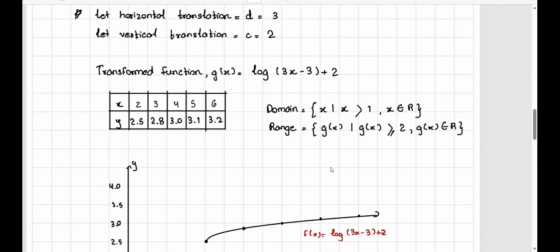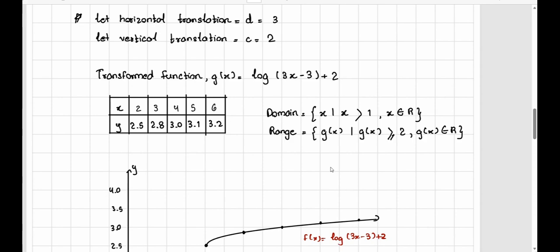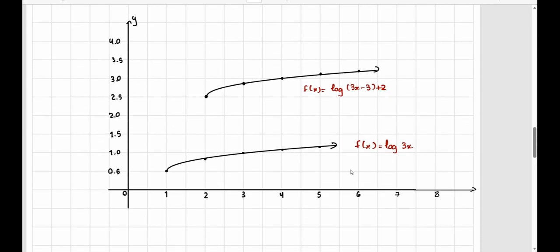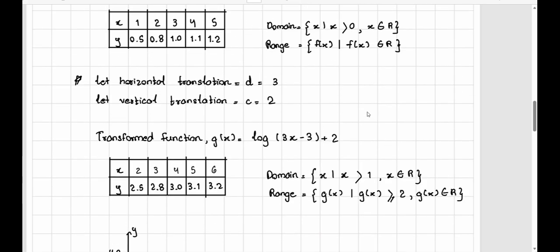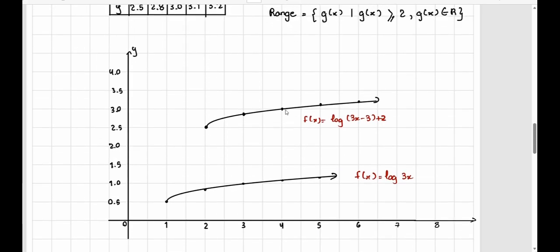So if you were to check whether that's correct, this is my parent function and this is my transform function as well. So for the values of d and c, I've added 3 and 2, which means the horizontal translation to the right is going to be 3 units, and the vertical translation upwards is going to be 2 units.